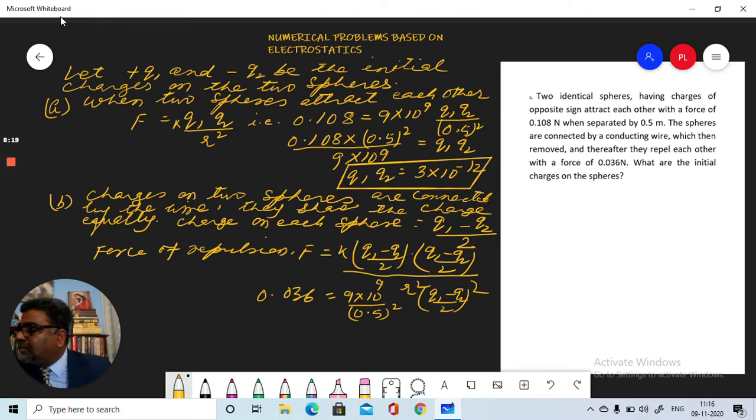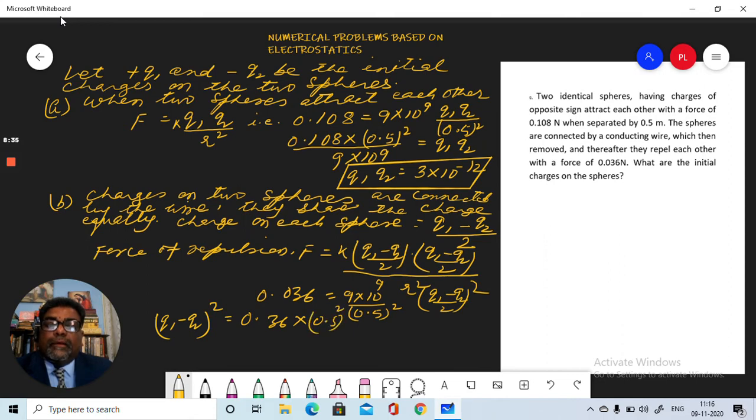Now solve it. You will get Q1 minus Q2 whole square equals 0.36 into 0.5 square into 4 upon 9 into 10 raised to the power 9. Now we'll continue solving it.